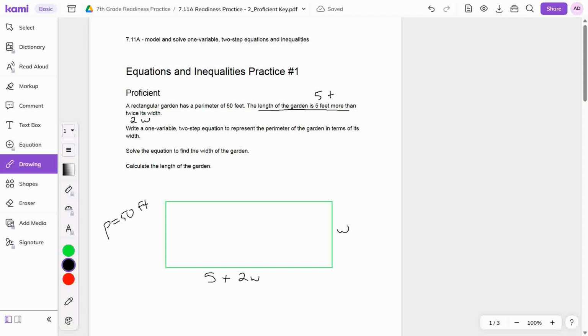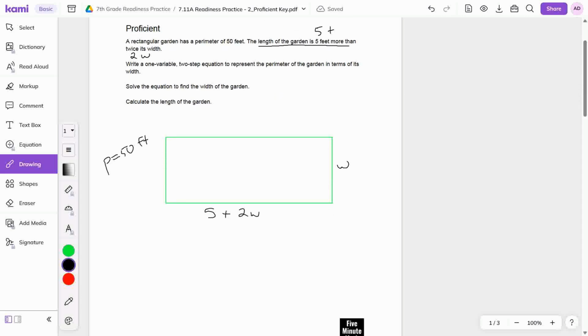All right, so we need to represent the perimeter. Perimeter is going to be P equals, and remember our equation is double the length plus double the width. Our width is simply our width, but our length is, remember, this right here.